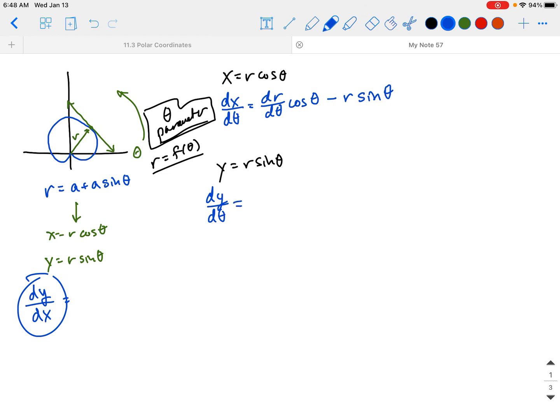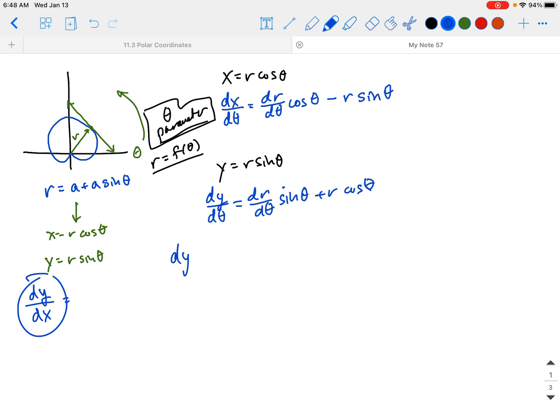And then for dy d theta, we'll do the same thing. So we'll have dr d theta sine theta, and then plus r cosine of theta. And those are the same sorts of derivatives that we discussed before when we were doing dx dt, dy dt. So all the same rules are going to apply for finding dy dx.